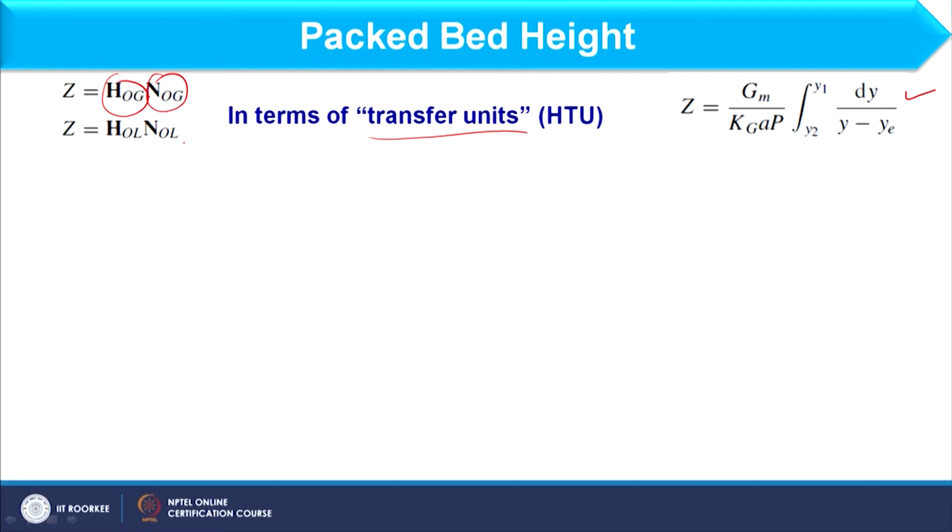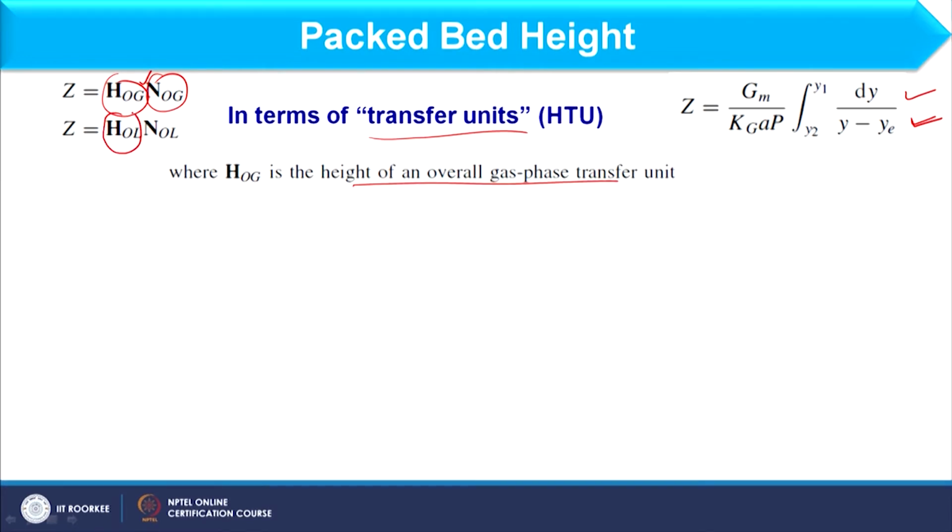Okay. So, these HOG and NOG values we can extract from this expression only. Okay. Where HOG is basically the height of overall gas phase transfer unit, because here I am having G. And similarly, I can consider HOL and NOL, that is the height of overall liquid phase transfer unit, right.